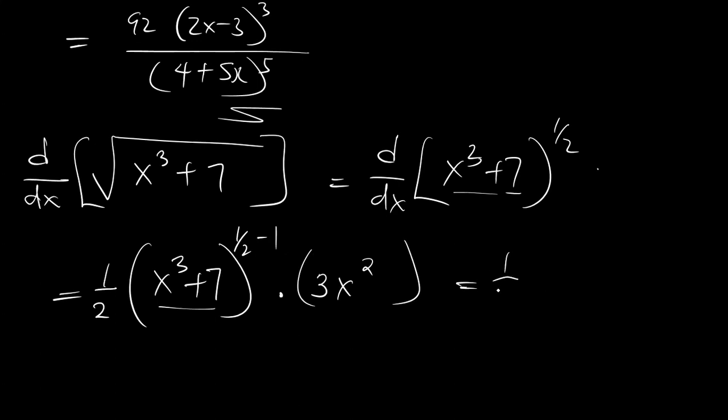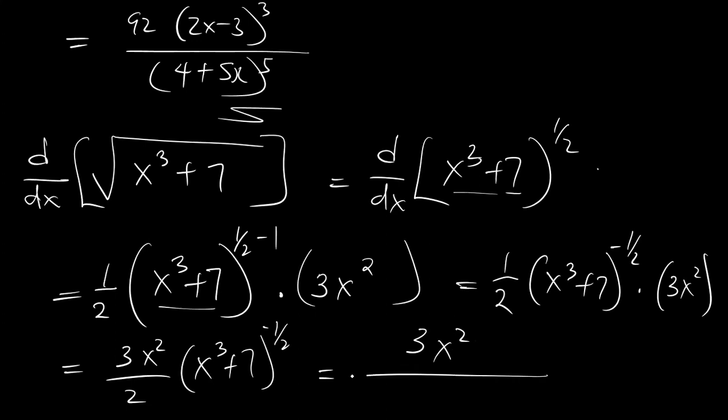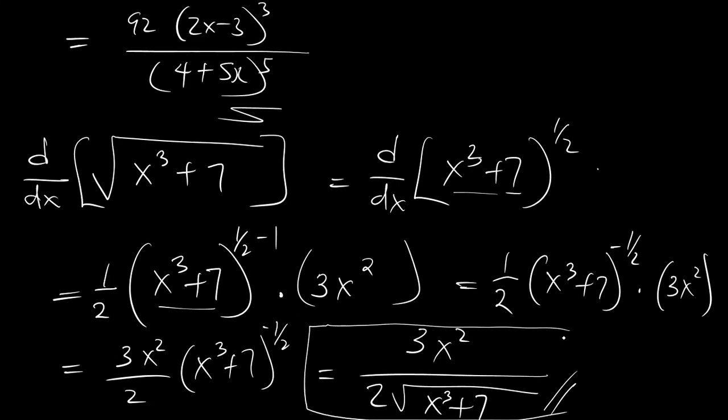So we have 1 over 2 times (x cubed plus 7) raised to power minus half times 3x squared. So you have 3x squared all over 2 times the square root of x cubed plus 7. This is the final answer to this problem.